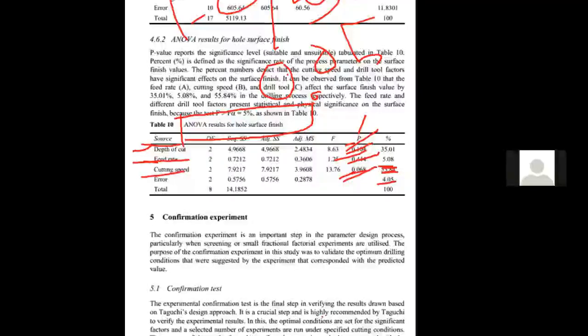If no factor is significant, you have missed out some important input parameters. Then again go to the previous stage, input parameters, perform the brainstorming, take different input parameters, perform the experiments with those new input factors, and again do the ANOVA. Then you will come to know whether a factor is significant or not.